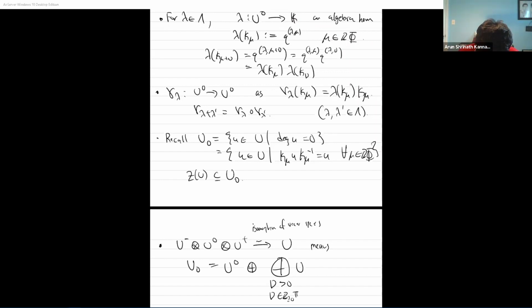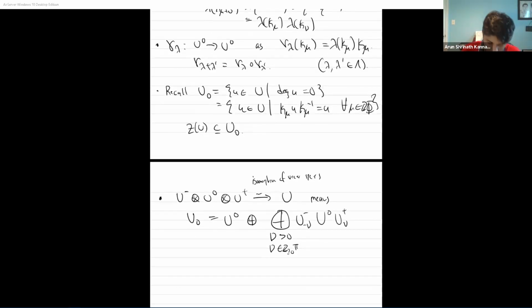So U minus, so remember that we said that there's a gradation here, so we can look at the gradation on U minus, that's this piece, times U_0 U_nu plus. And so one can check that this piece here is a two-sided ideal. And so I'll leave that as an exercise.